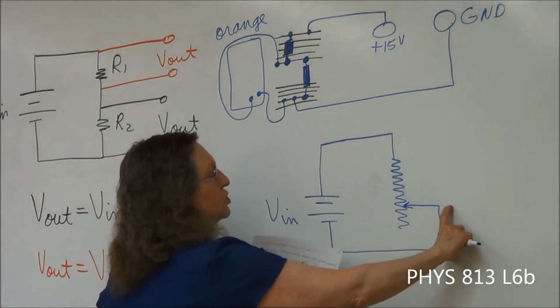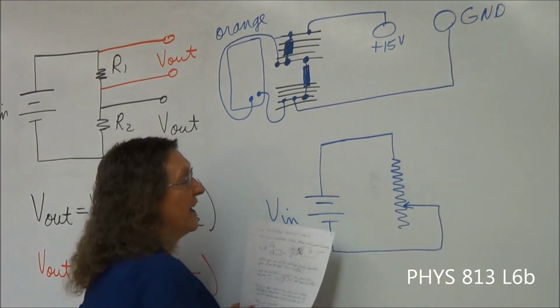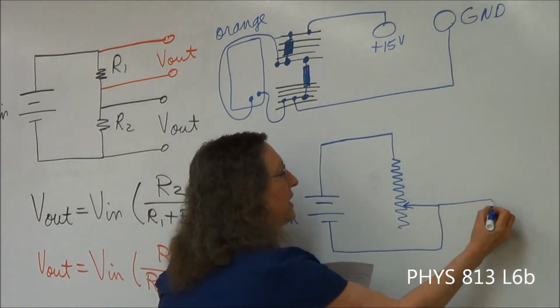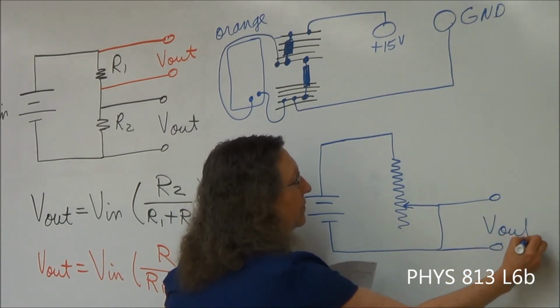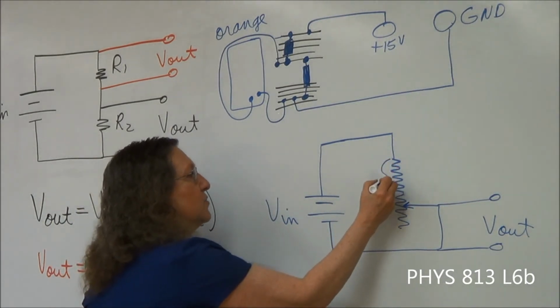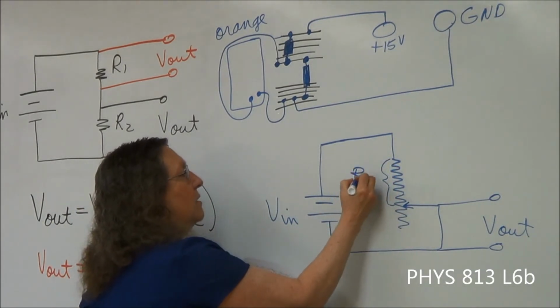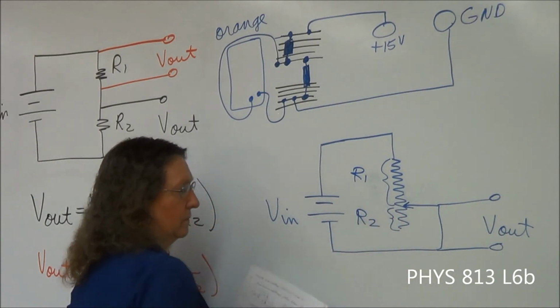Do you measure across here or do you measure up here? Well, the way I have it in my notes, I went ahead and drew the V out over here. So essentially what happens is this region becomes R1 and this region becomes R2.